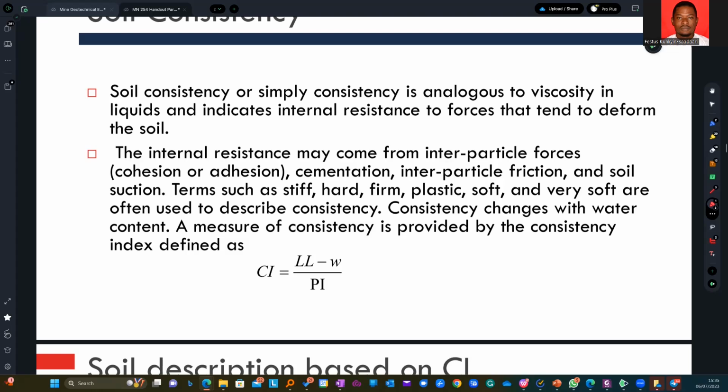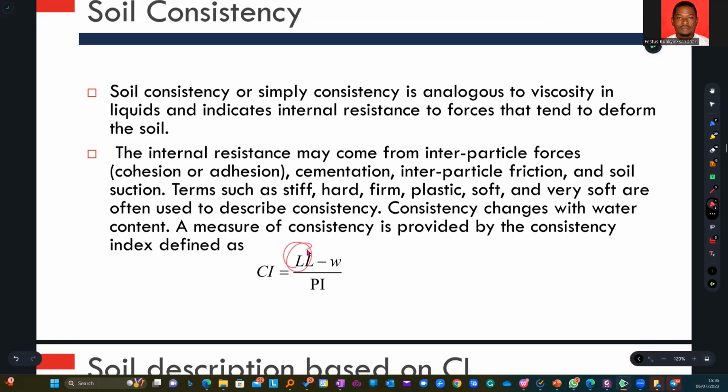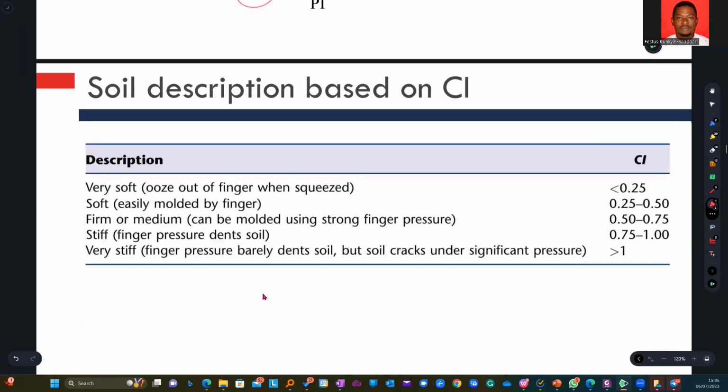So these terms, when I want to describe soil in this form, then I am dealing with the consistency. And so I subtract the water content from the liquid limit over the PI, and that will give me what we term as consistency index.